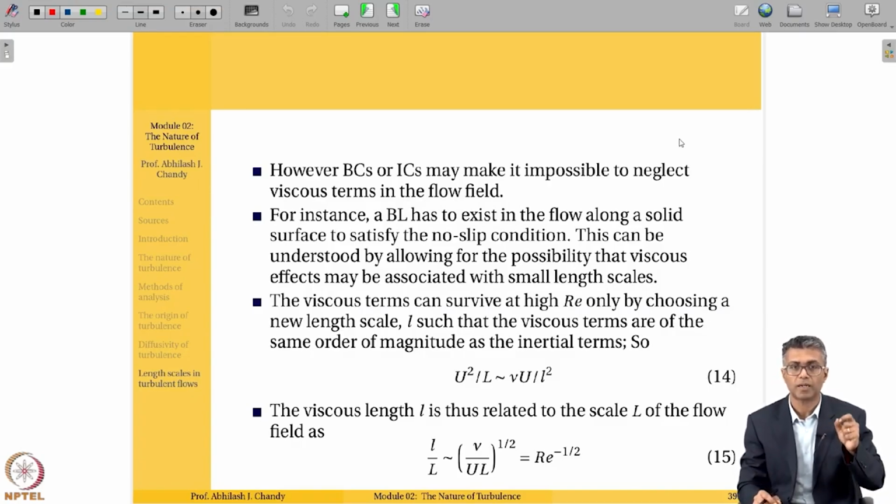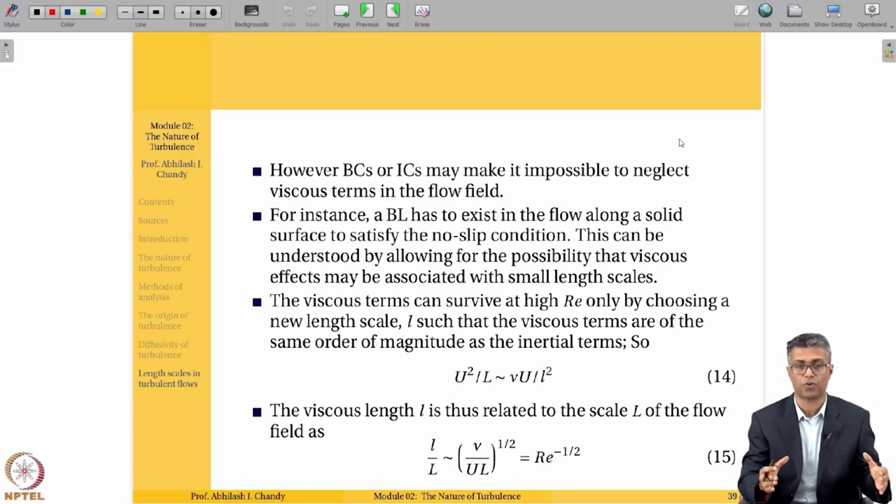But you can solve this problem by thinking of the viscous effects acting at a different length scale. And that's the benefit of having a turbulent flow here. There is a wide range of length scales. So every term in the Navier-Stokes equations, or every effect physically, might not be acting on the same length scales.